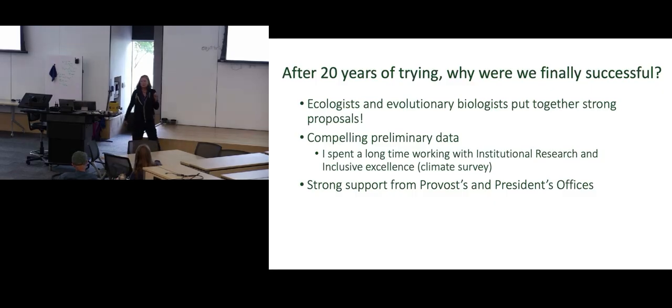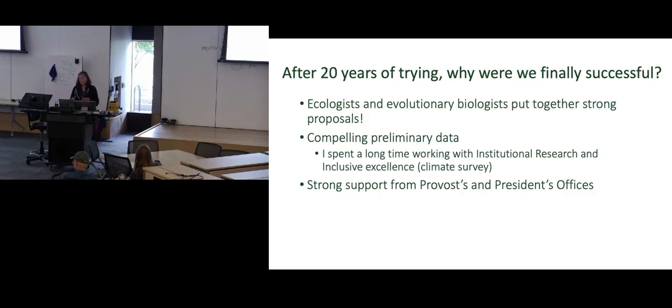And so I think it made it possible for me from outside the discipline to write a conceptually compelling grant. And then I also love data. And so I spent a long time working with folks at institutional research and inclusive excellence, getting data for this grant.